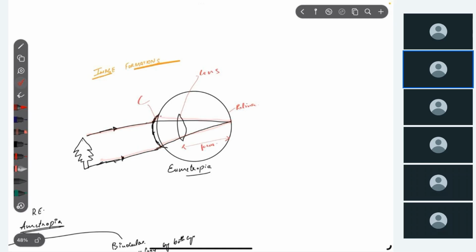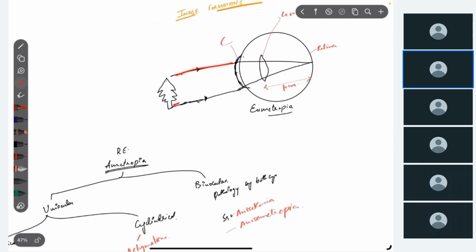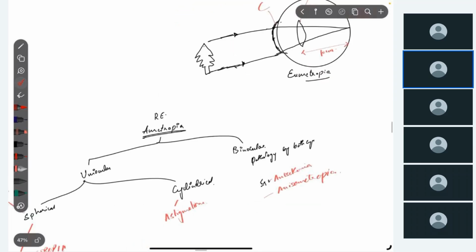When light comes, it gets refracted at the cornea and then at the lens, and then it gets focused on the retina. If there are any problems with refraction at the cornea or the lens, we call them refractive errors. Refractive errors are also called ametropia.